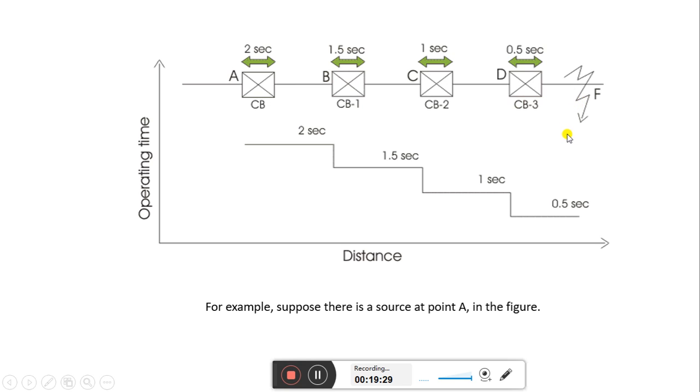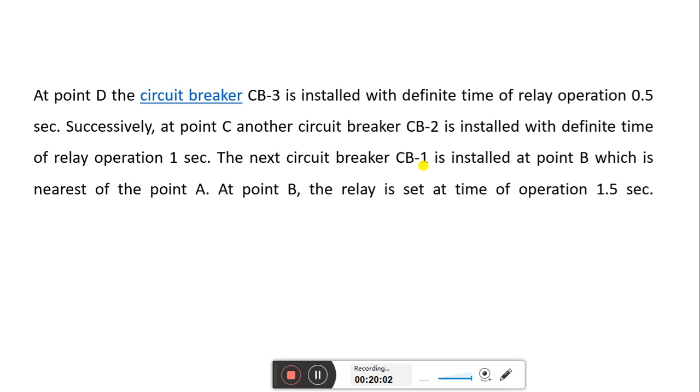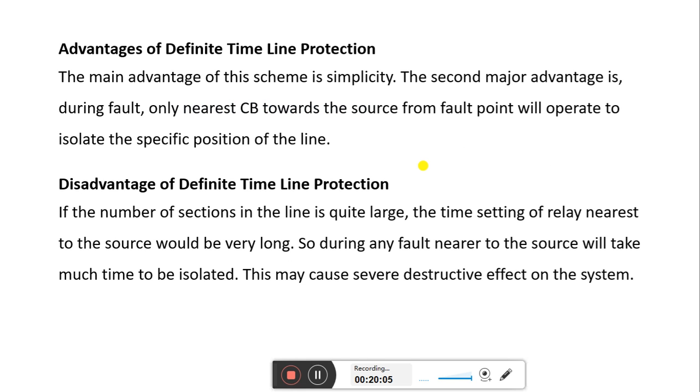So if a fault happens at the extreme end and any circuit breaker fails to operate, then as we move toward the source side, the time duration will be much more compared to a smaller span length of the transmission line. So this is not desirable for protection of the transmission system. The same thing has been told here.